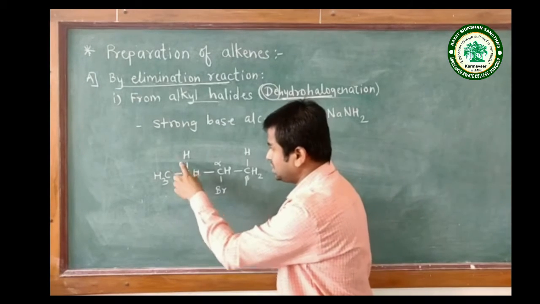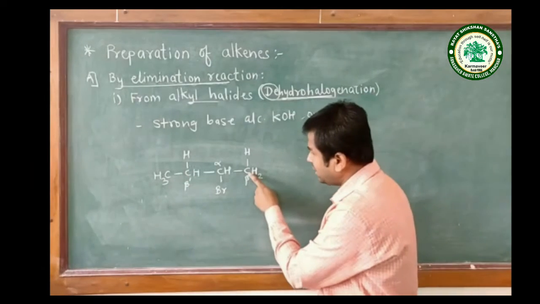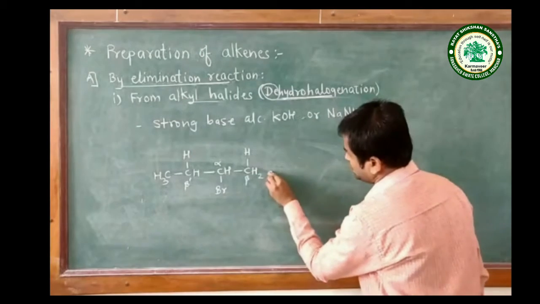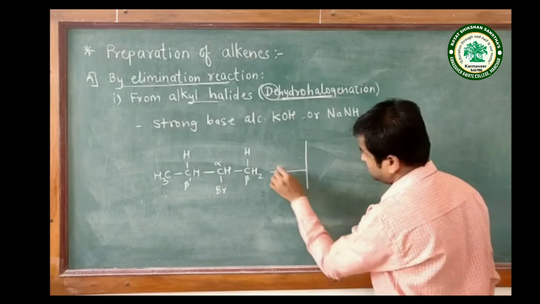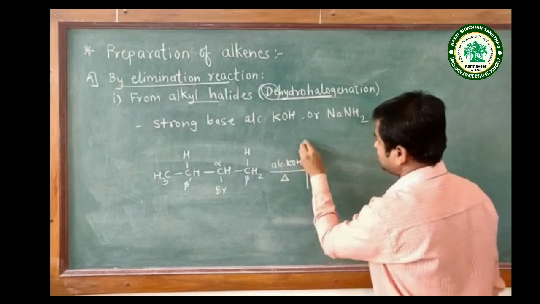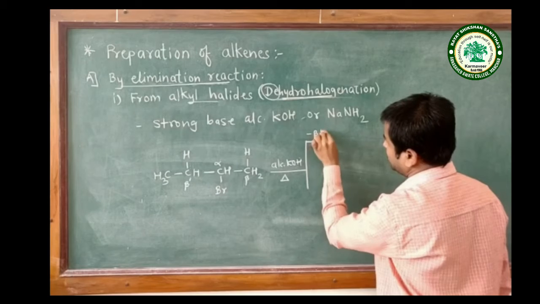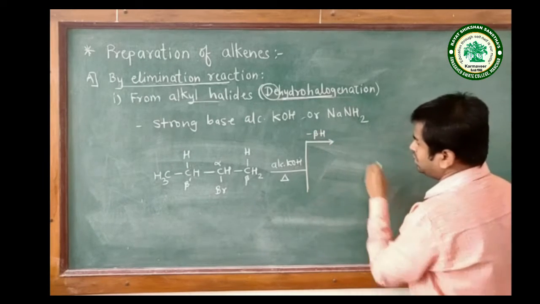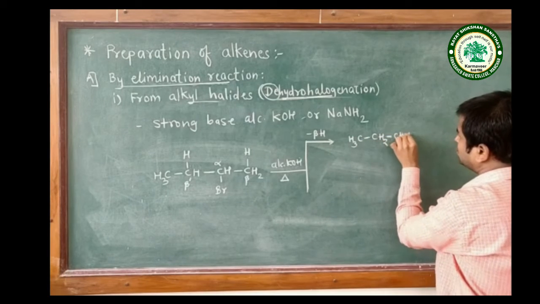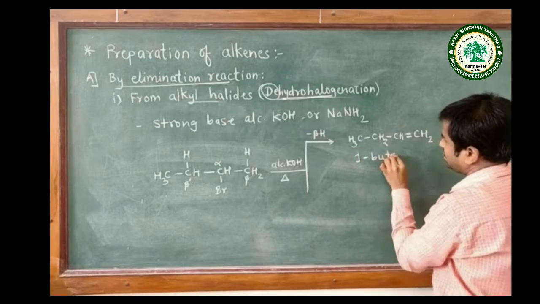So the hydrogen present on this CH2, the beta dash carbon, is of different nature from the hydrogen present on this beta carbon. So this on reaction with alcoholic KOH under heating undergoes loss of beta hydrogen and gives CH3CH2CH=CH2. It gives 1-butene.